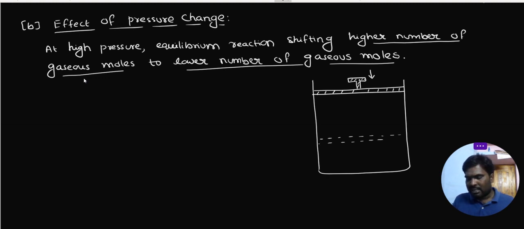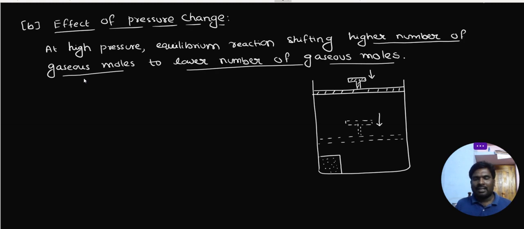Gas compression takes place. Before, the gas occupied more volume, but if you apply more pressure, the volume decreases. Volume decreases means that per unit volume, more gaseous particles exist at high pressure.